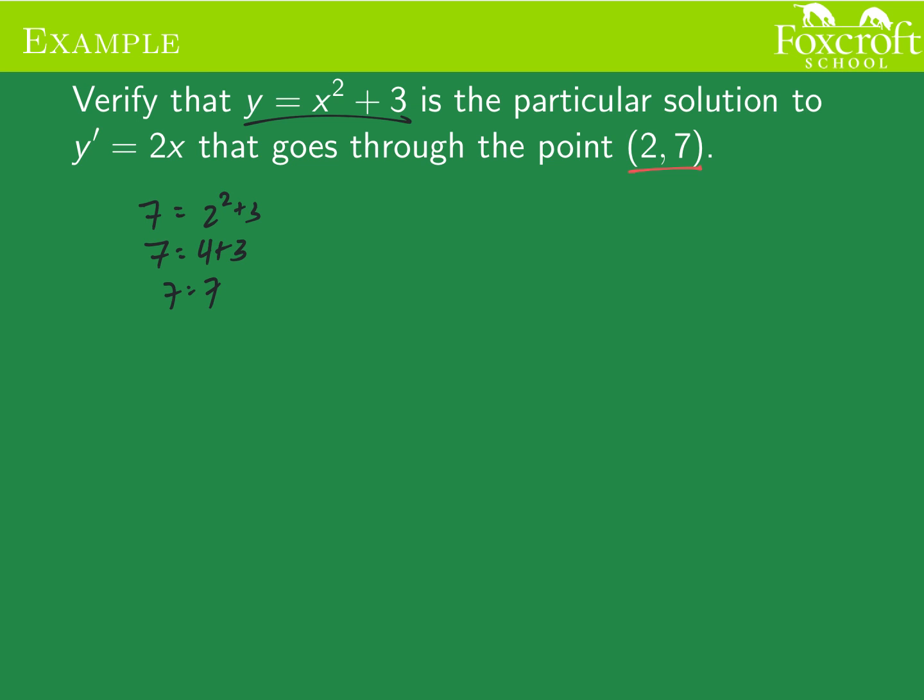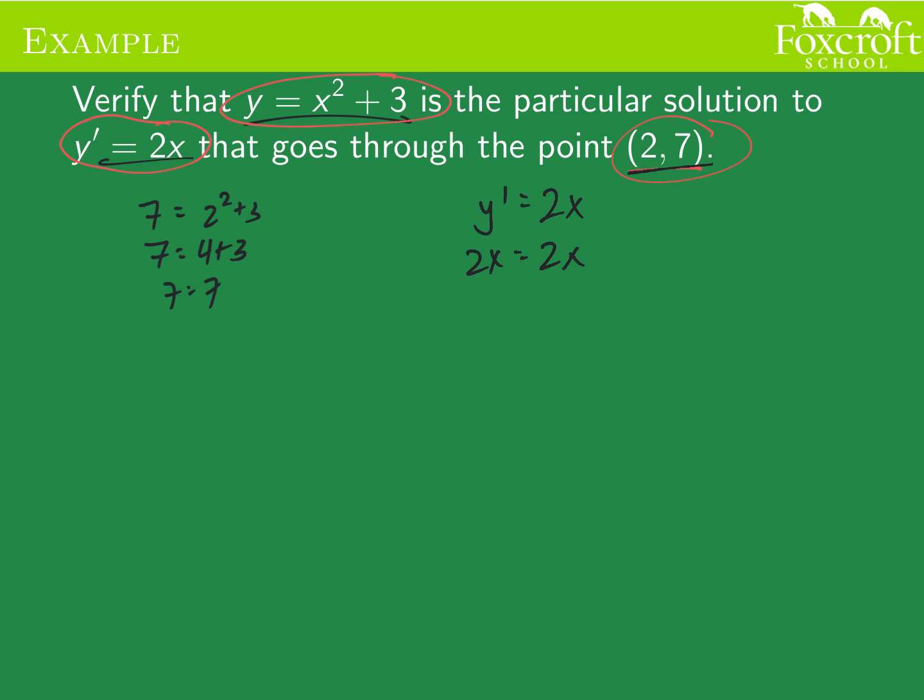So this equation does go through the point, and now we have to make sure it's actually a solution to the differential equation. Well, y prime is 2x, which is basically the original equation as well. So you get 2x equals 2x. So this is a particular solution, because not only does this function solve my differential equation, it also goes through the point (2, 7).